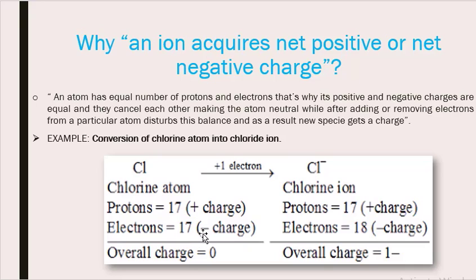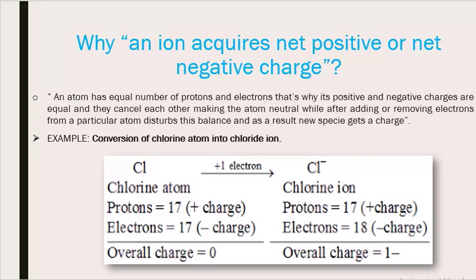Now protons carry positive charge, so there will be 17 positive charges in the nucleus, and electrons revolving around the nucleus carry negative charge, so the negative charge will be negative 17. Now this positive 17 and negative 17 will cancel each other, and the net charge on chlorine atom will be 0. So it justifies why chlorine is a neutral atom.